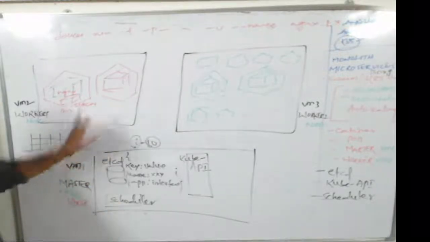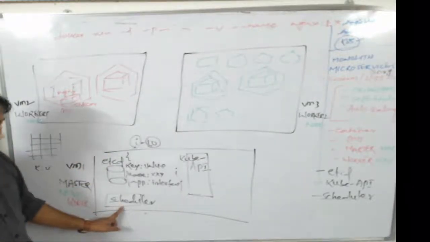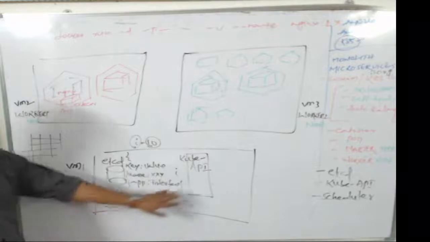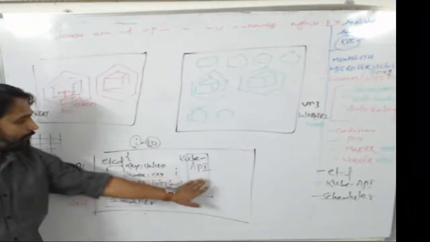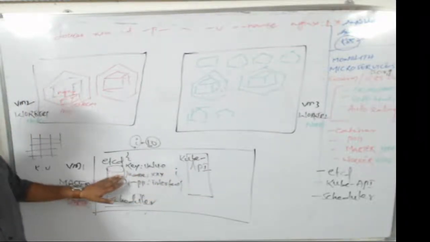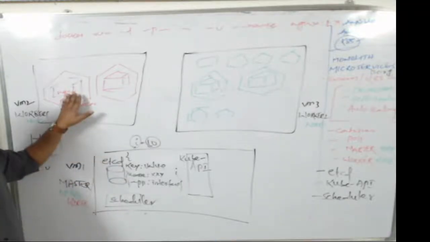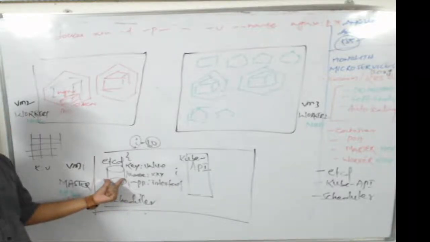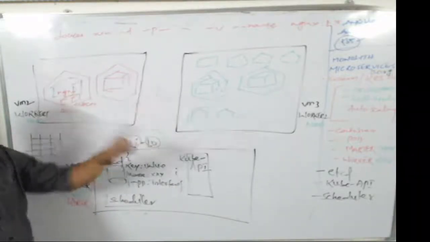Schedule what you want. Now, to do the scheduling, it has to know what you are asking it to do. Let's say you told through Kube API that you want 10 interface related pods. Now the scheduler will realize that okay, you want 10, then it goes ahead and checks all the nodes.